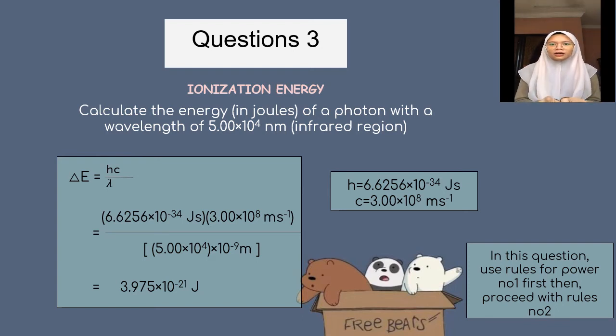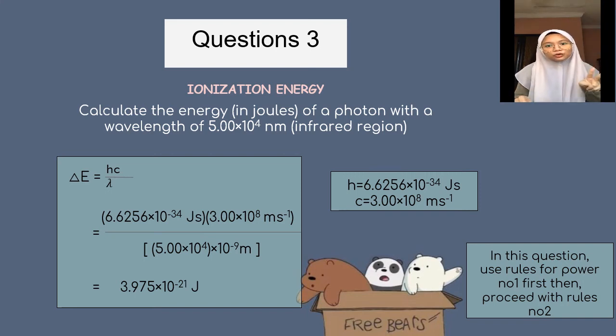But here, we use rules for power number 1 and 2. Rule number 1, to multiply powers of the same base, add the indices. Our base is 10. So we just add: negative 34 plus 8, we get negative 26.